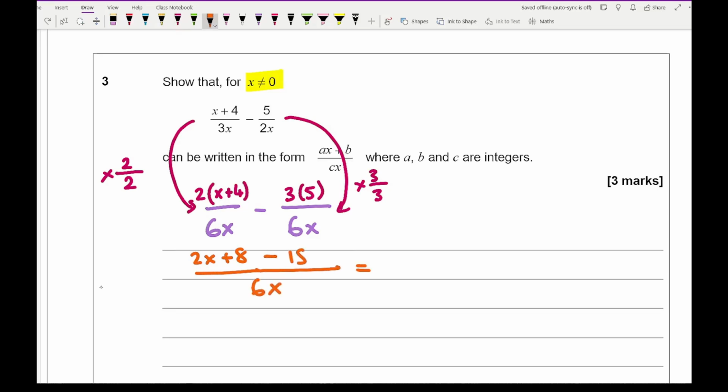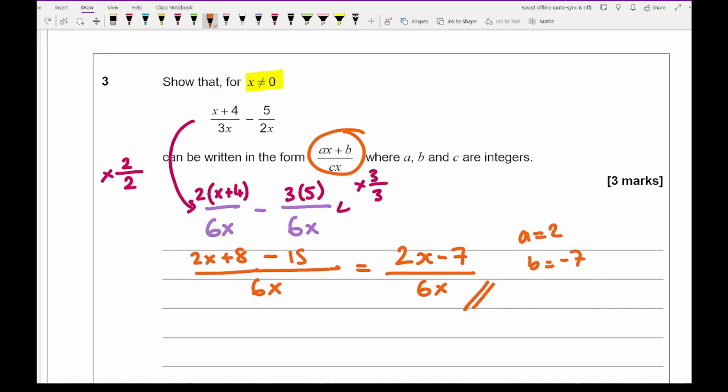And then if I neaten up the numerator, I get 2x, and then 8 minus 15 is minus 7, and that's all over 6x. If I compare this to how they want me to express my answer, I can see that a equals 2, b equals minus 7, and c equals 6.